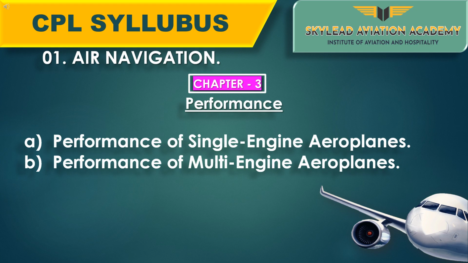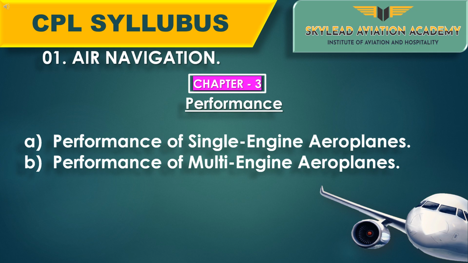Guys, the next, third chapter, is performance of single engine and performance of multi engine, the main 2 topics in this chapter, and I'd like to share that each and every model of aircraft has its own performance compatible with the engine.